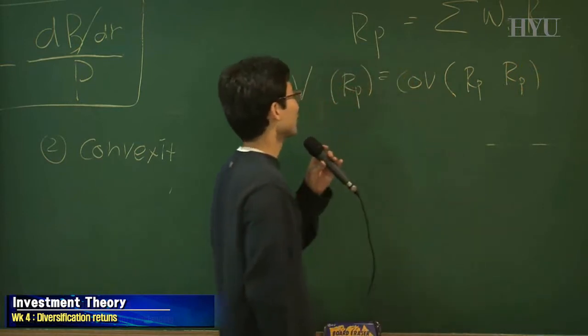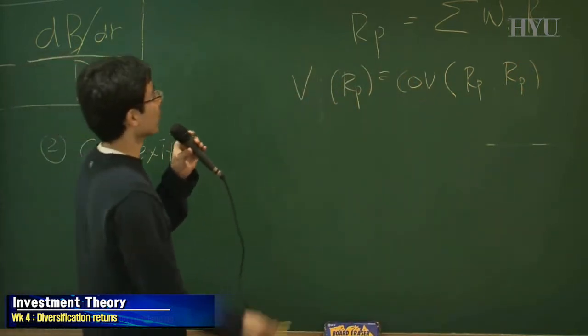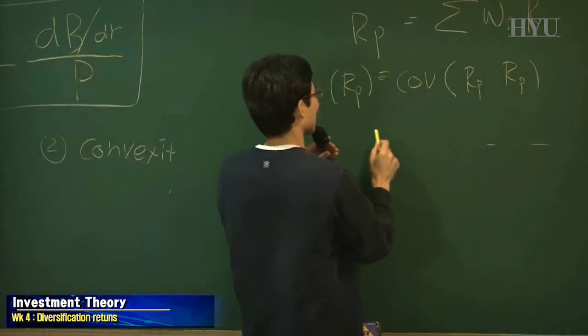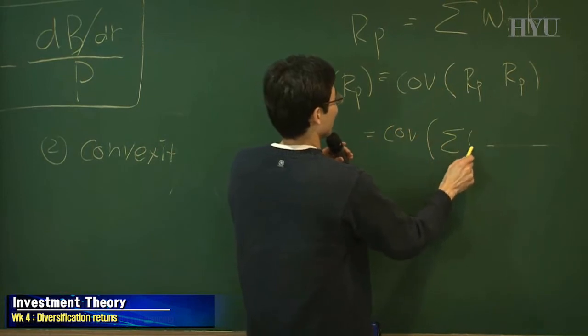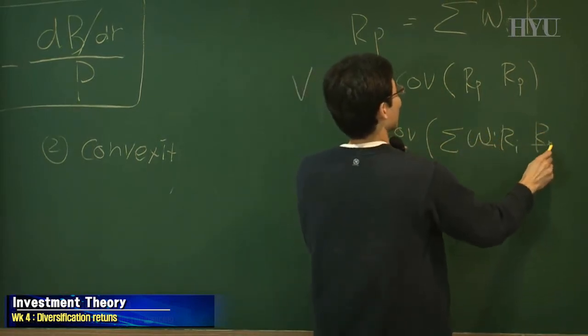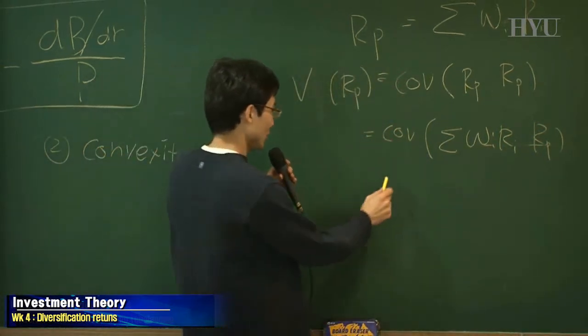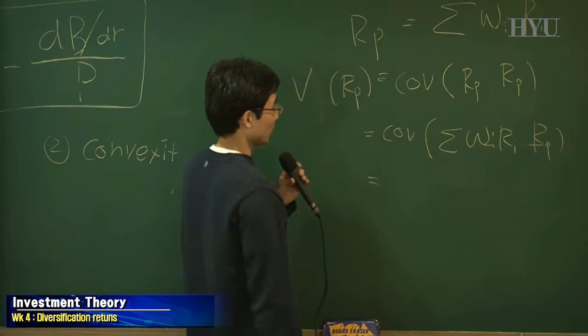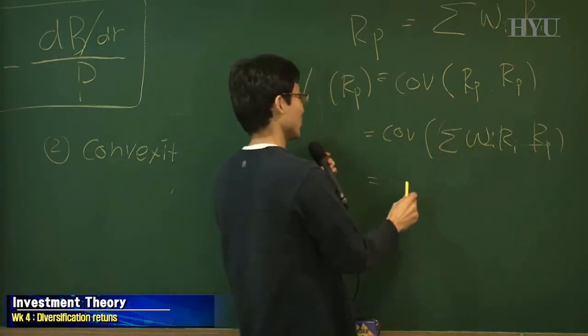That is its definition. Then we can plug this equation in here, so it is the covariance between Wi Ri and Rp. And upon the definition of covariance, we can pull this part out.